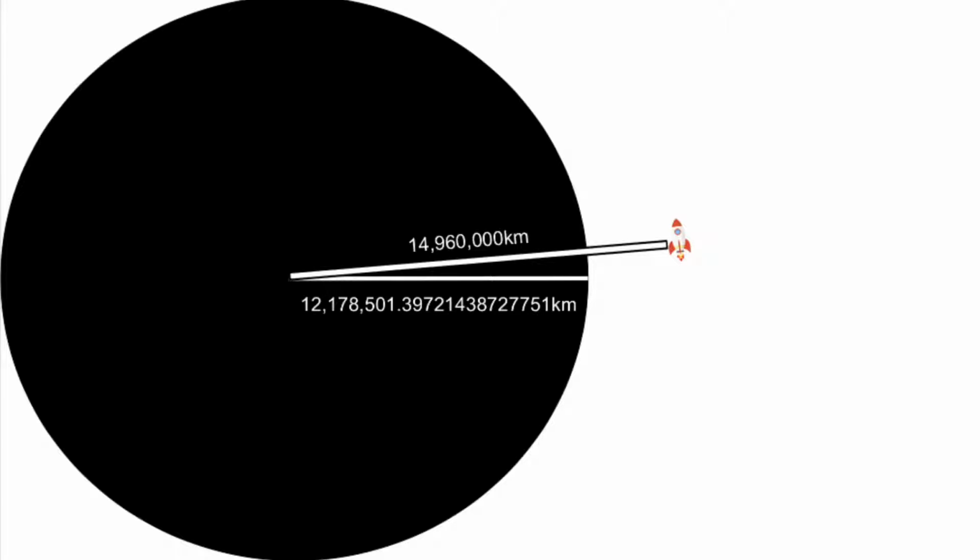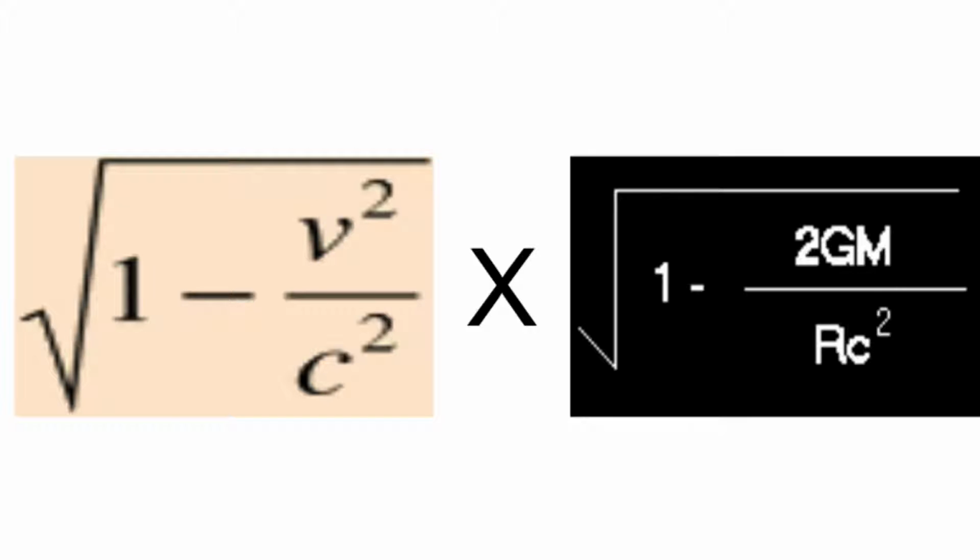Here is an example of noticeable time dilation. A rocket ship is orbiting the supermassive black hole at the center of the galaxy about 1,700,000 miles from the event horizon. To calculate the time dilation, we need to calculate the speed time dilation from orbital velocity and the gravitational time dilation from being near a black hole.